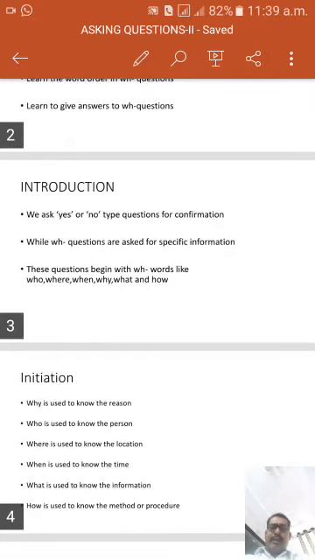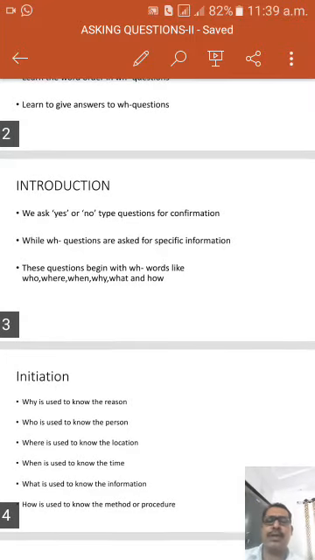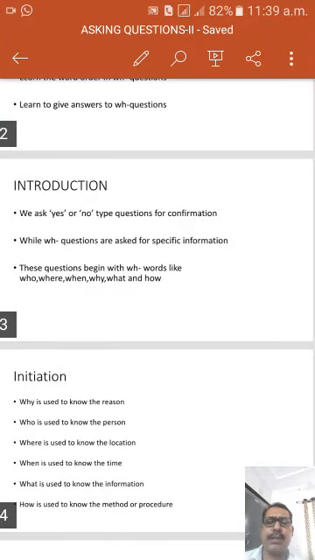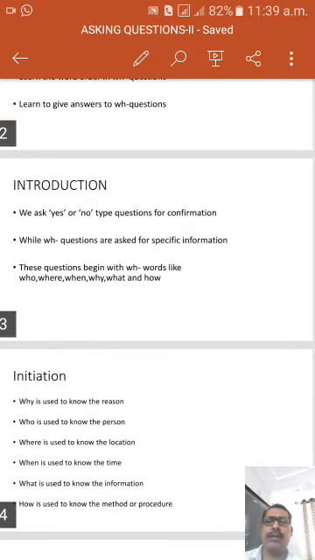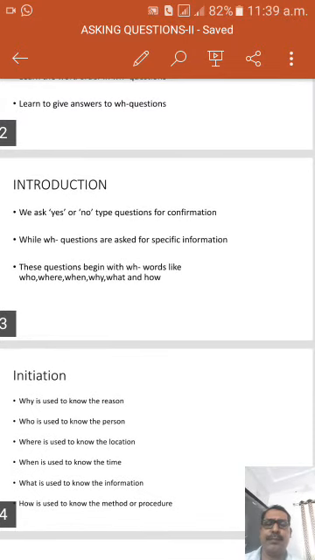The main difference is yes or no type of questions are asked for confirmation, to make sure, and WH questions are asked for specific information. So WH questioning words are who, where, when, why, what, and how.